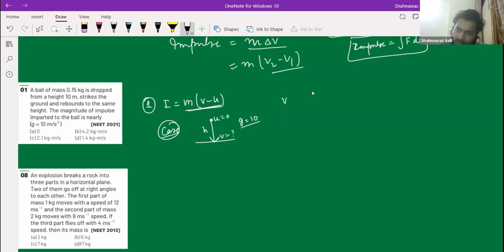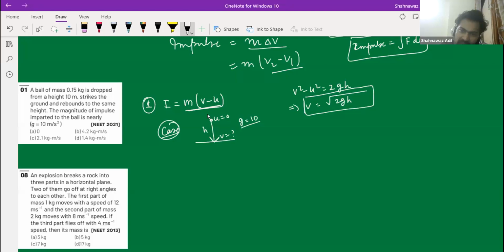So v is u plus gt, or we can use the other relation: v square minus u square is 2gh. U is 0, so v is simply root 2gh. Let's say this is the magnitude.